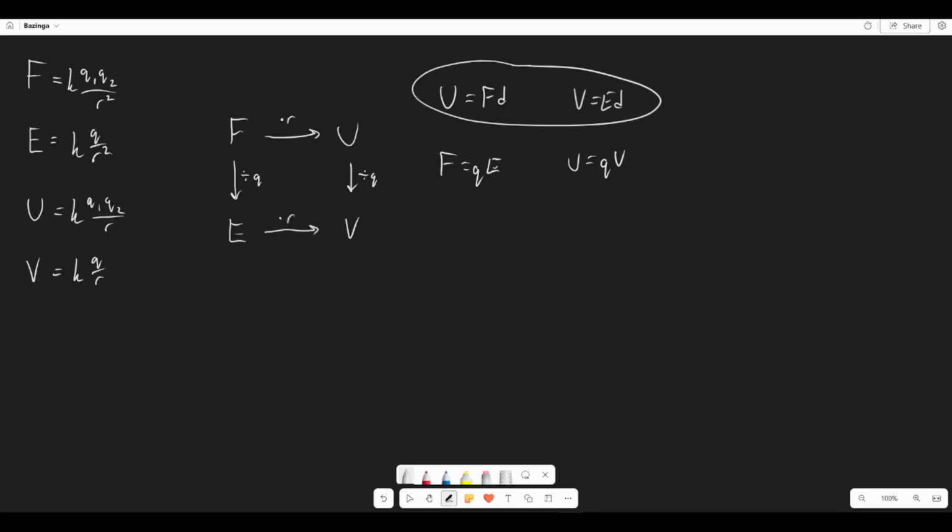Now, there does exist a caveat with these two equations and how they relate with one another, which is that in some cases you may see it written as U equals minus FD and V equals minus ED. This is just a sign convention, and what it primarily has to relate with is how the energy flows in and out of a system.